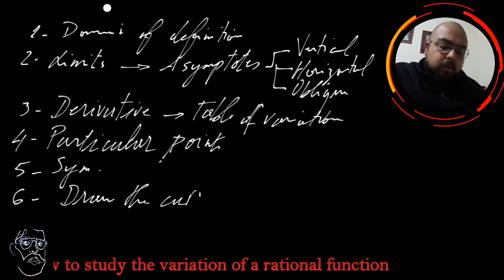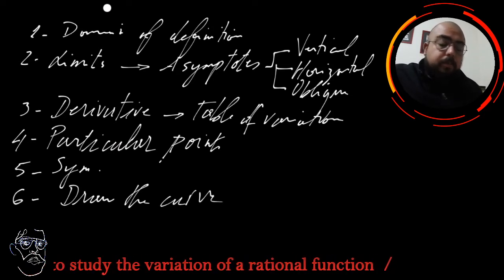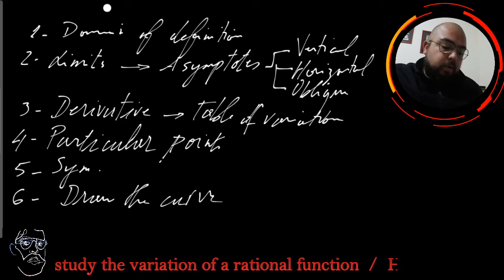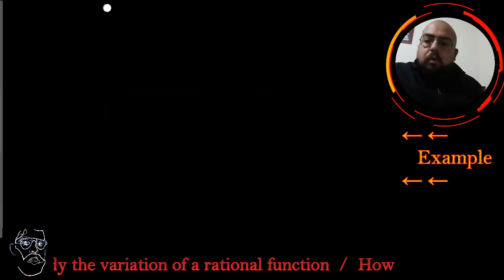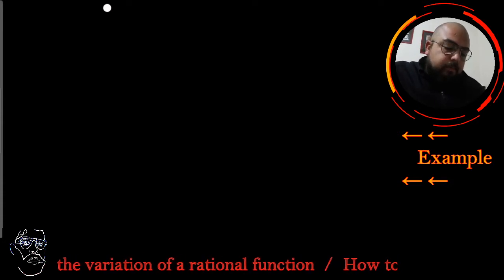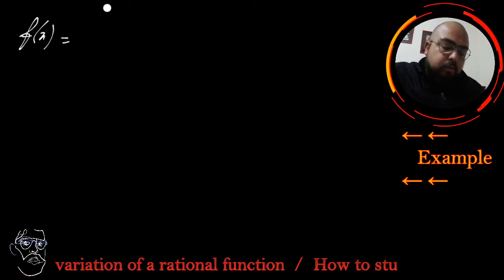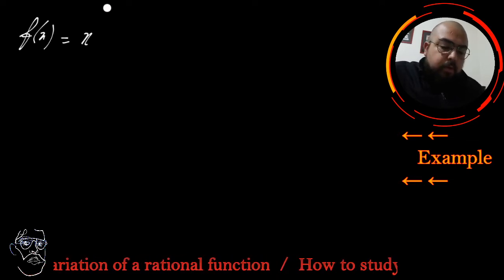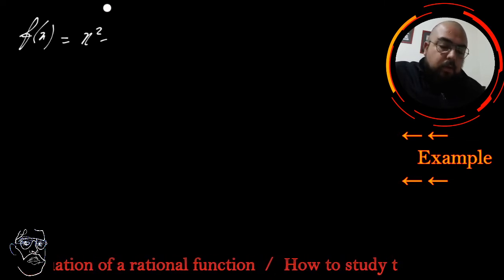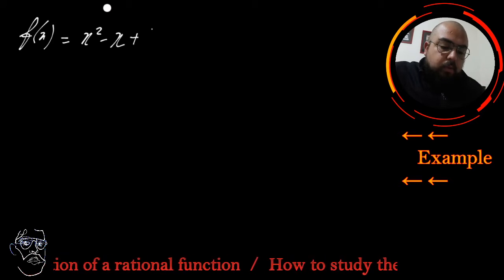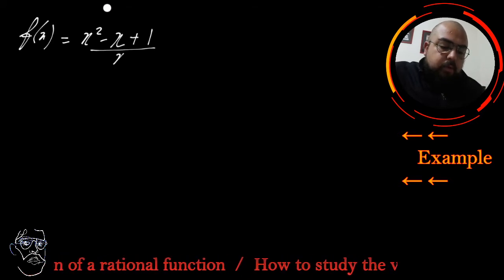Alright, so I'm going to take an example and we're going to study this new rational function. Our example will be f of x is equal to x squared minus x plus 1 over x.